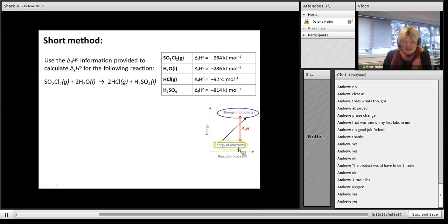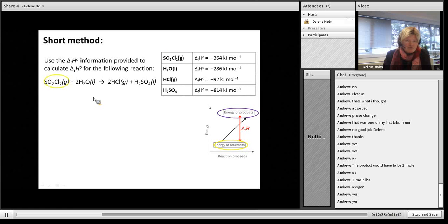Now remember, it's the energy of the reactants going to the energy of the products. So if I want to find the delta RH of that reaction, I can add up the energy of my reactants, because that'll be down here, and add up the energy of my products, and that'll be up there. And if I subtract them, can you see I'm going to get my delta HR?